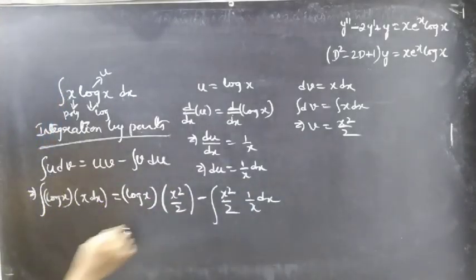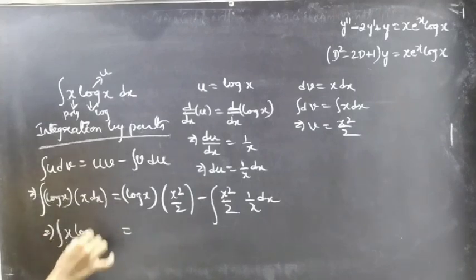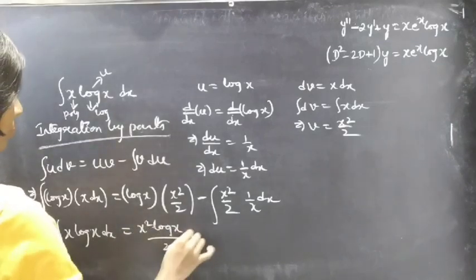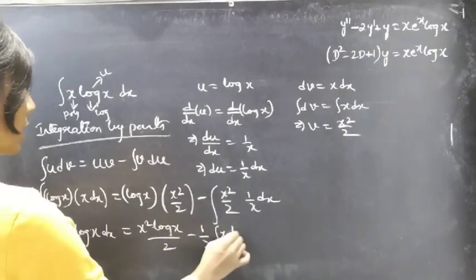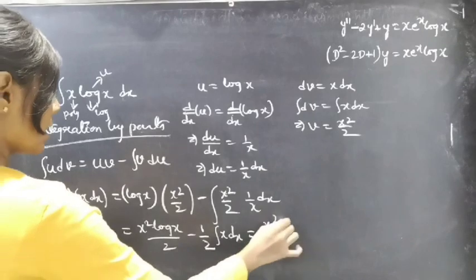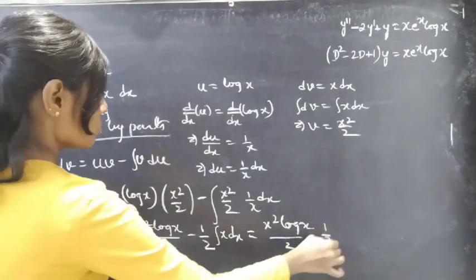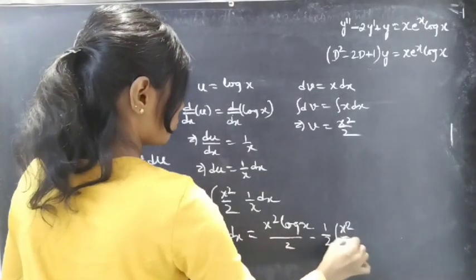Which gives us integral x log x dx equals x square log x by 2 minus 1 by 2 into, if 1 x gets cancelled, integral x dx, which gives us x square log x by 2 minus 1 by 2 into integral x dx, which is x square by 2.